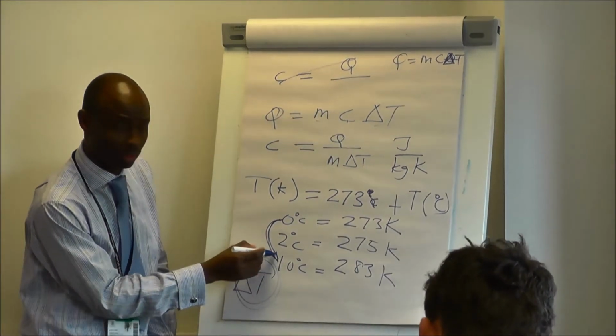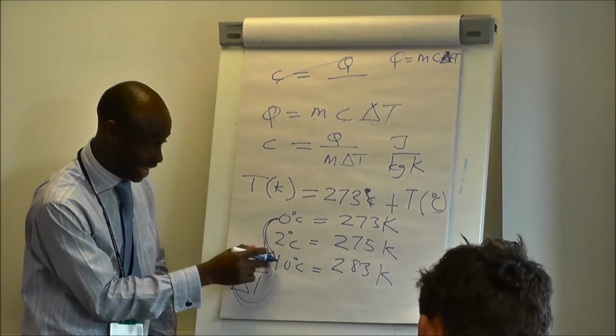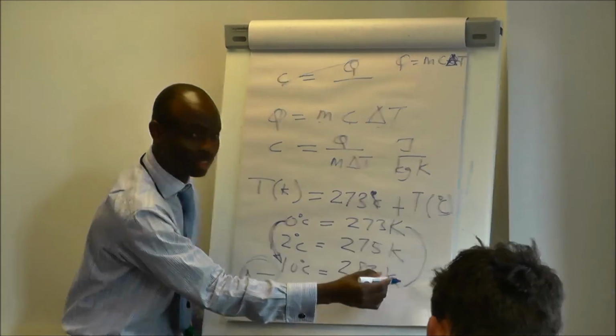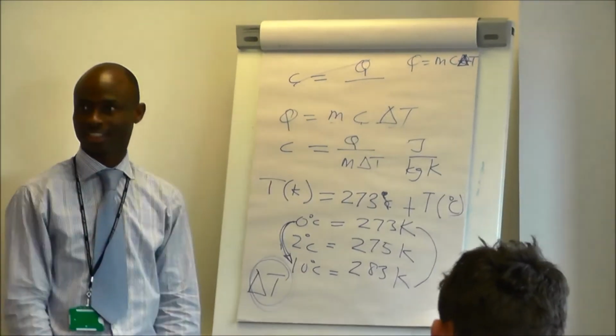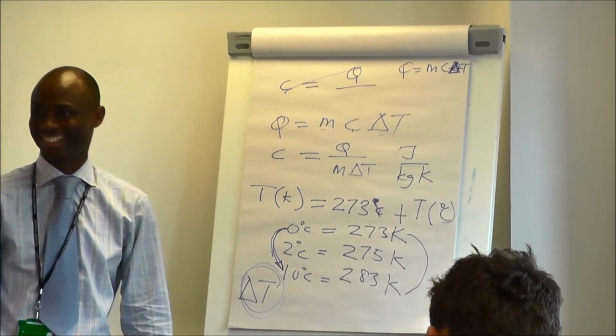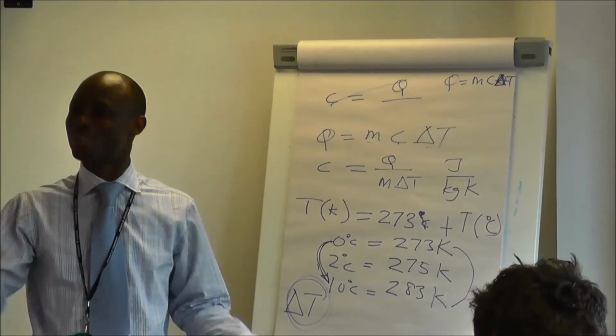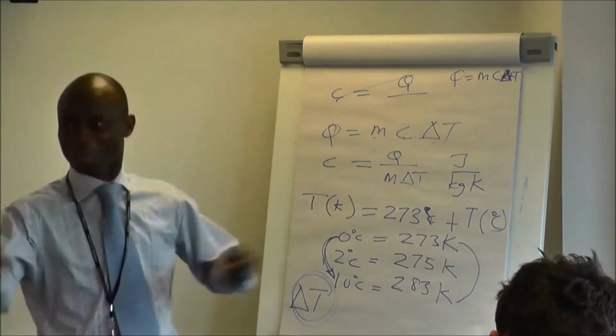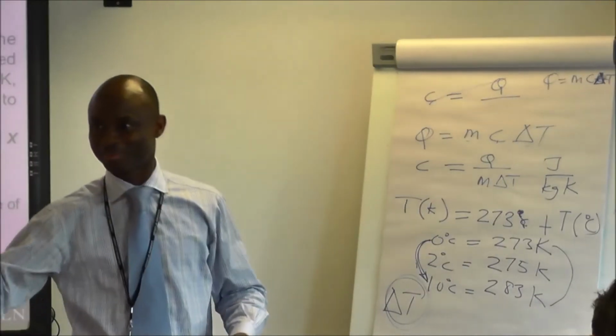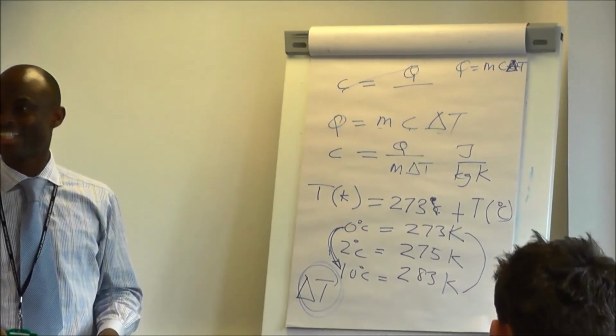Look at it very well. A change here is 10. What is a change here? 10. It's the same. That's why we don't need to convert it, because you're going to subtract one from the other. So you just proved the point that you don't have to convert it.